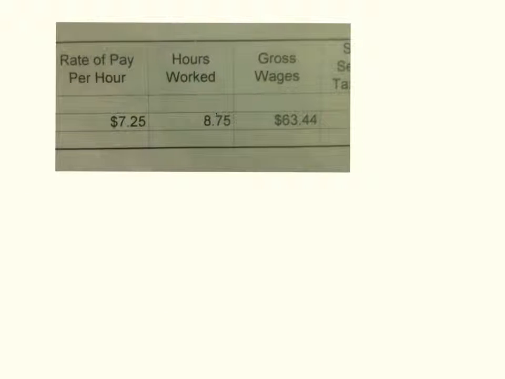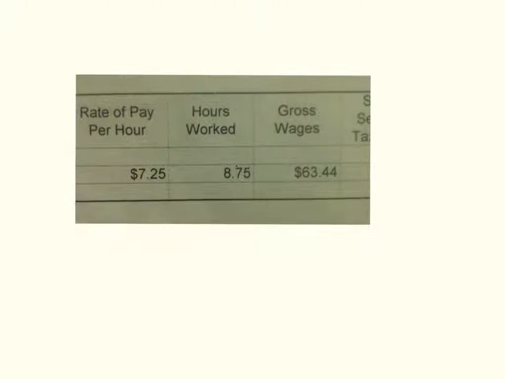When I mentioned choosing an appropriate variable, I have an example here. This is a check stub that my son got from working. And we have rate of pay per hour, number of hours worked, and the gross wages.